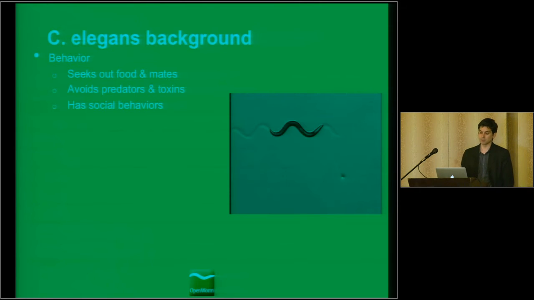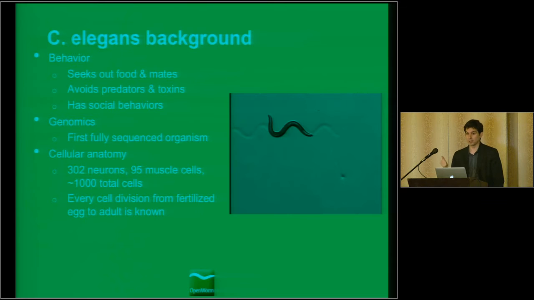It was the first organism to have its full genome sequenced, so it's been very important for a lot of genetic work. We know a lot about its cellular anatomy, so we know the hermaphrodite has exactly 302 neurons, exactly 95 body wall muscle cells, and approximately 1,000 total cells.